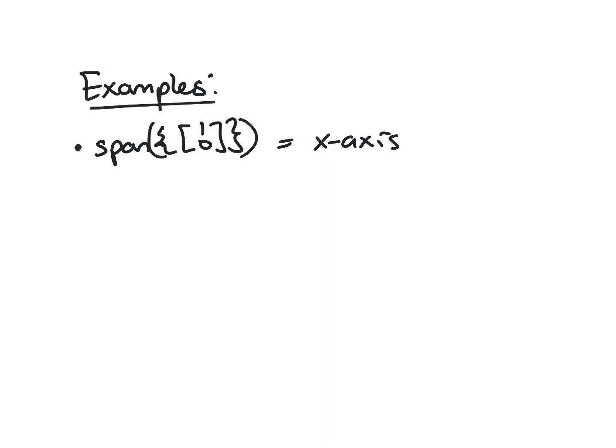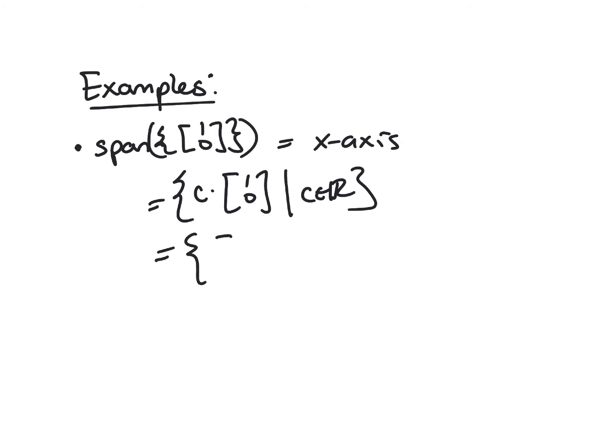So this span is going to just look like the set of things that look like C times our one vector (1, 0), where C is a real number, right? But this is exactly C in the first coordinate and 0 in the second coordinate. And that's exactly anything along our x-axis, right? We have 0 in the y-coordinate and anything we want in the x-coordinate, okay?